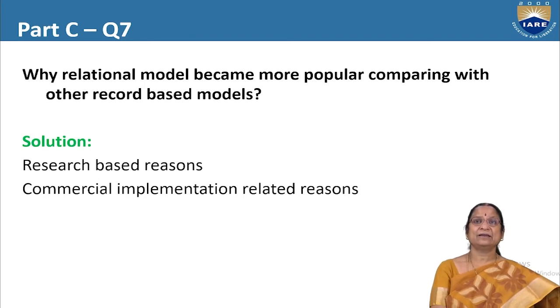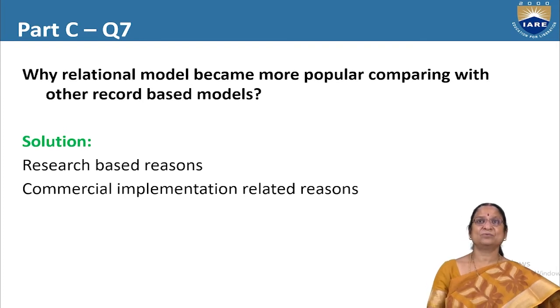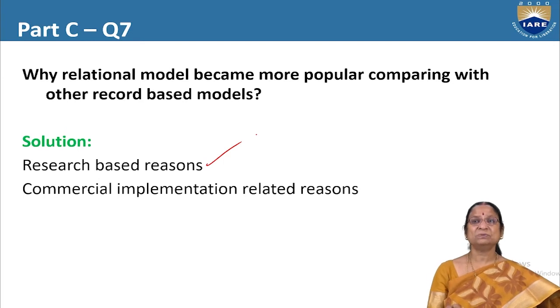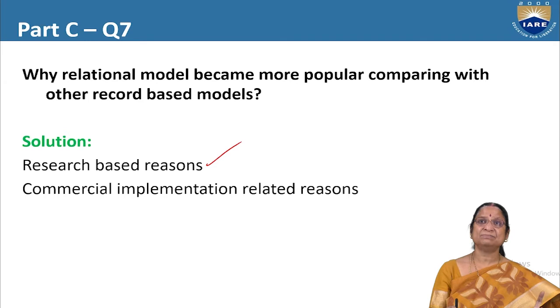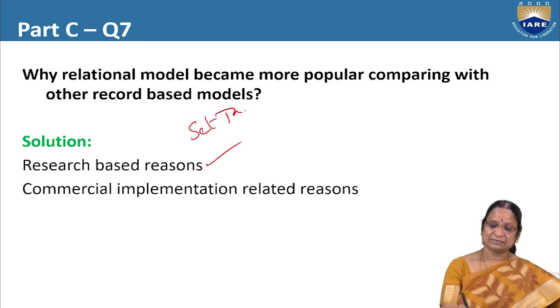Again, I'll tell. Basically, we will consider two reasons: research-based reasons and commercial implementation related reasons. First, I'll discuss the research-based reasons. Research-based reasons means our relational model is basically defined as well as explained based on mathematical set theory concepts.